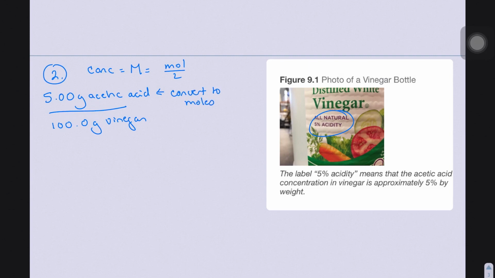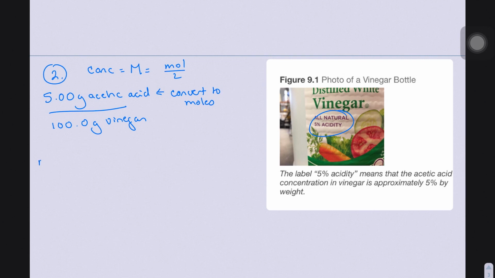So convert acetic acid to moles. Again, you're going to need a molar mass to do that. And same thing, you have 3 sig figs right now in the top of this equation, 4 sig figs in the bottom. You want a molar mass with at least 3 sig figs, and I really recommend 4 so that you don't create round off error by rounding your molar mass too much.